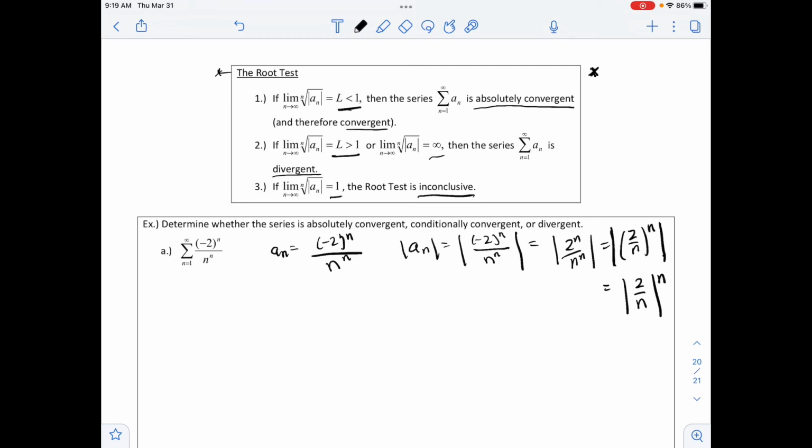So I'm going to consider the root test, which is listed right up above, and this is going to be the limit as n approaches infinity of the nth root of the absolute value of a sub n.